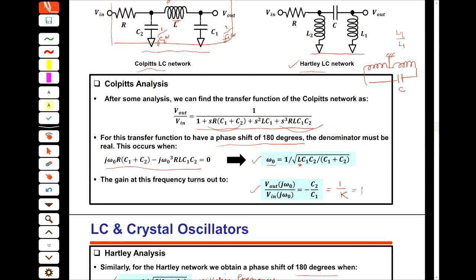Yeah. So here we say that it is minus C2 over C1. And then the amplifier gain is also minus gmR. So just, the minus C2 over C1 should be gmR, something like that.